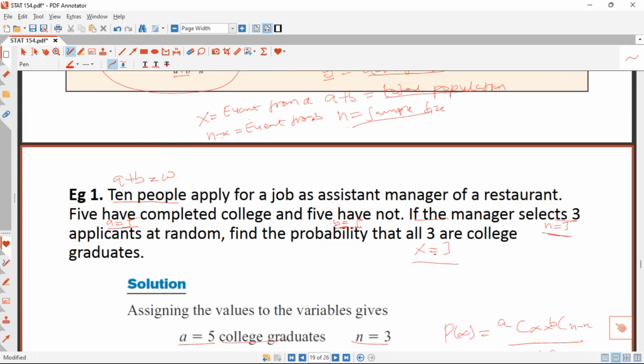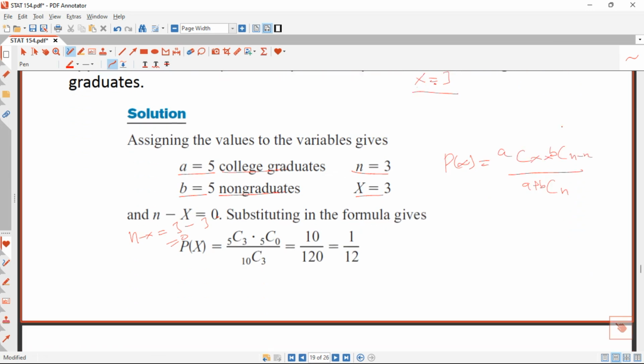So at the end of the day, this is our PMF. We are just going to substitute what we have here into the PMF.